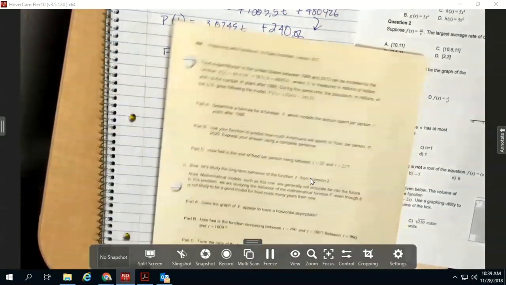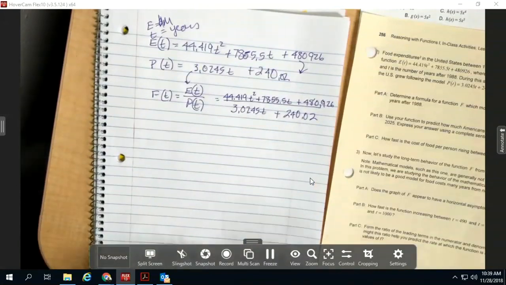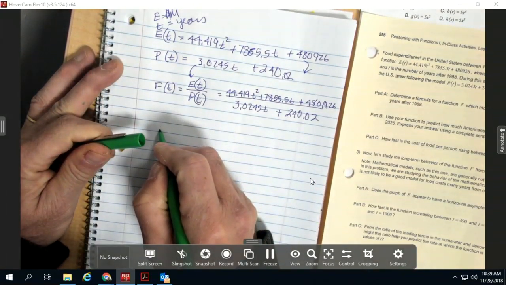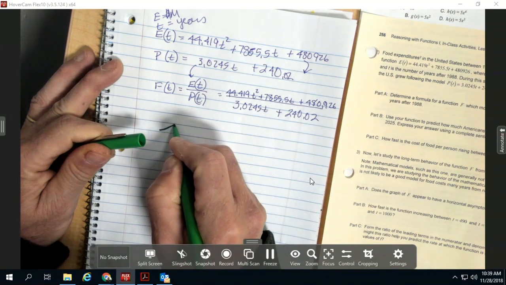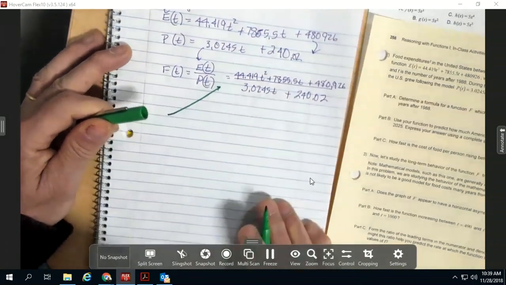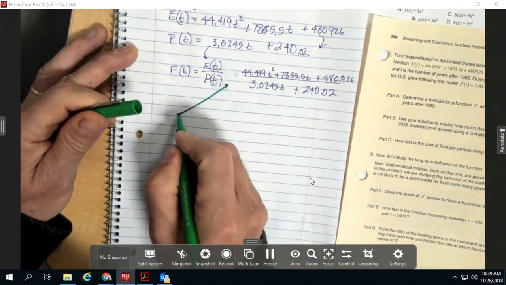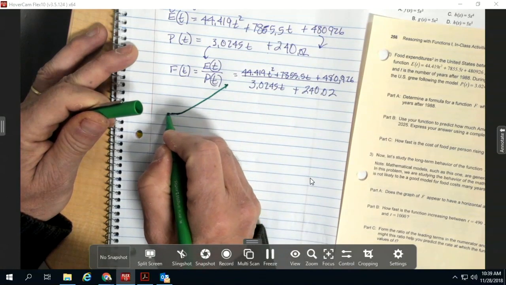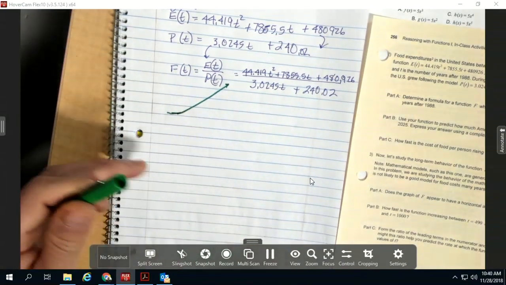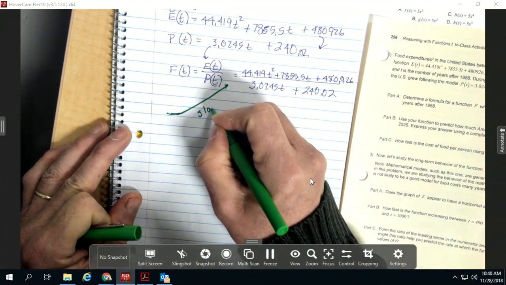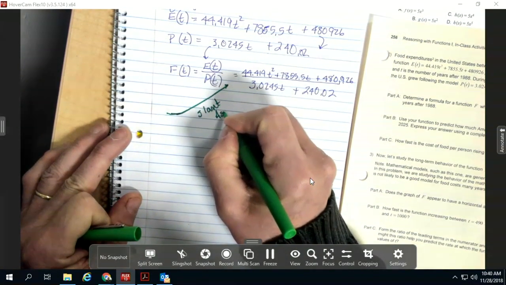But eventually, although at the beginning our graph was going up, eventually it just became, like Maddie said, a line. So there is a curve here on this end. It just keeps going up after that. That's called a slant asymptote.